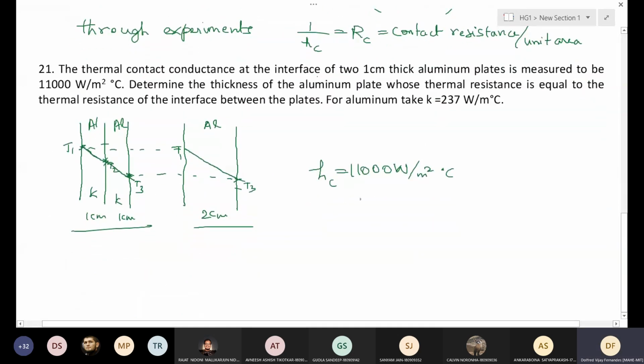So we can write 1 by h_c is equal to R_c, the thermal contact resistance.